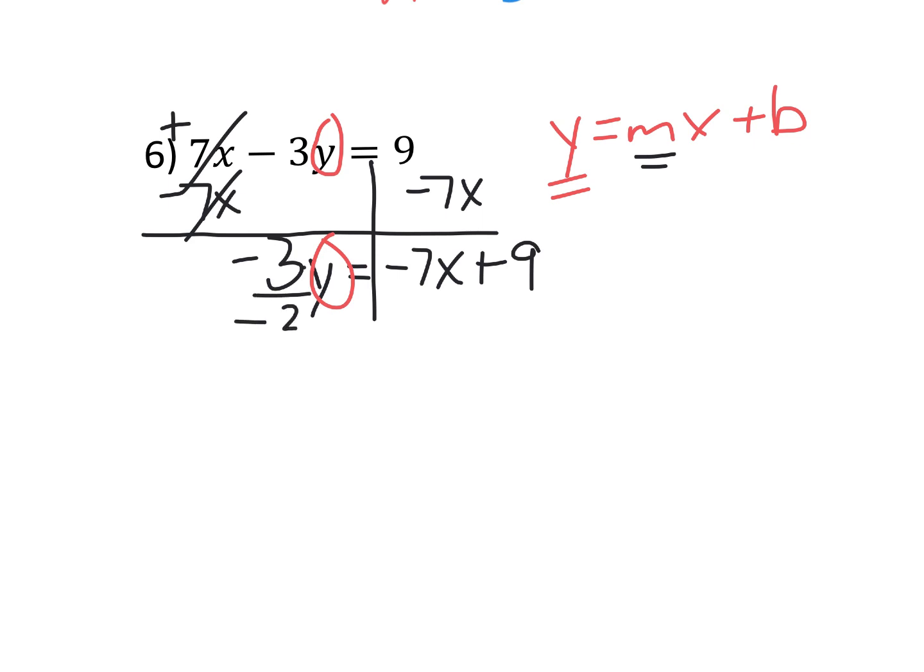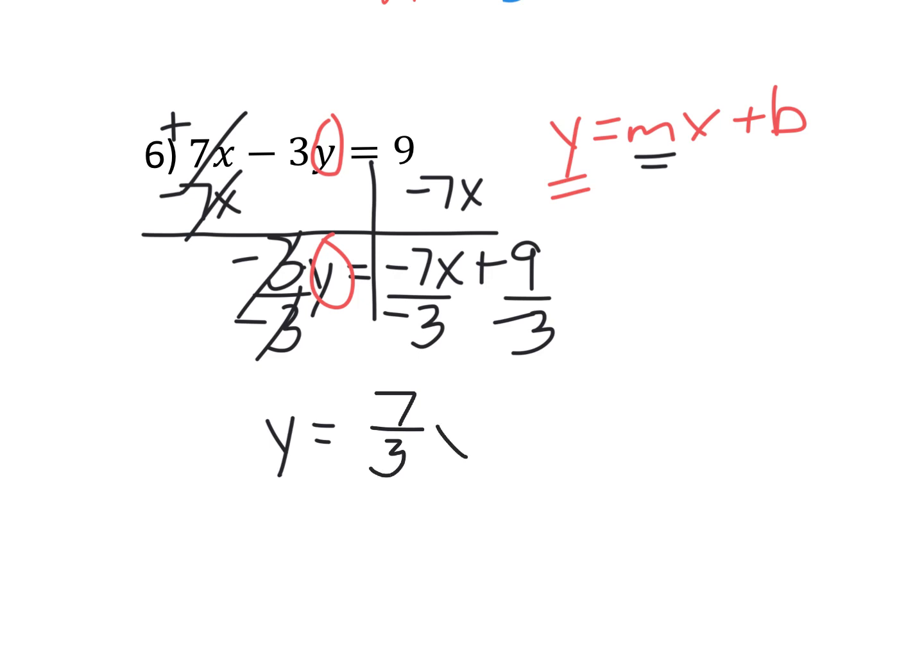And again, I'm going to try to divide each term by negative 3 so I can do it individually. Negative 3 divided by negative 3 cancels. They're the same. That'd be 1. So it'd just be y. Now, a negative divided by a negative is a positive. So this can be a positive. But 7 divided by 3 is a decimal. I don't want that. So I'm just going to knock out the negatives.